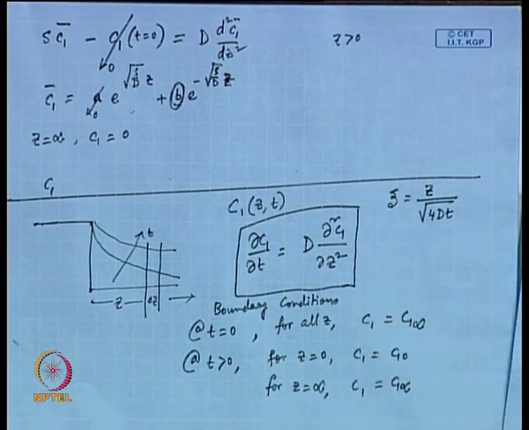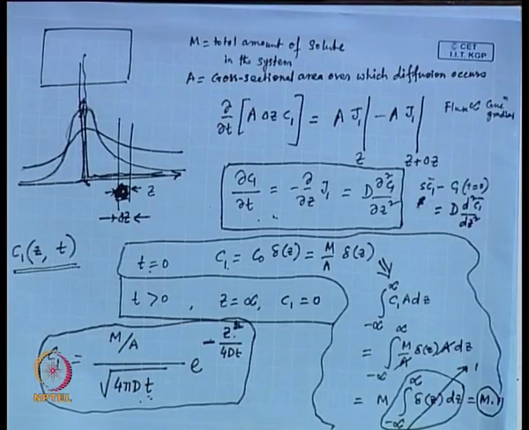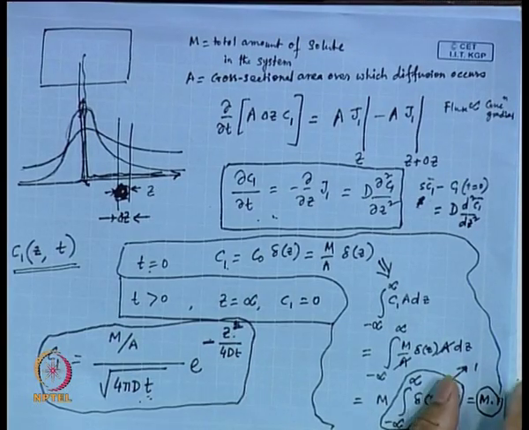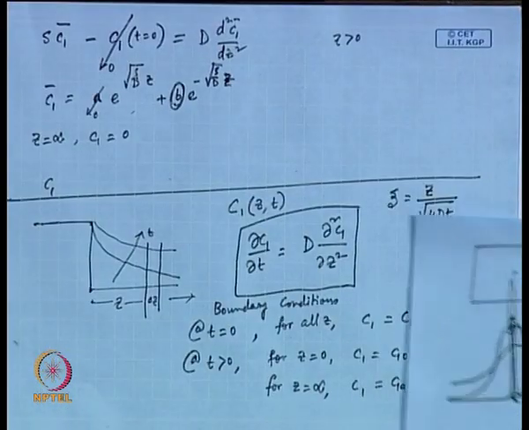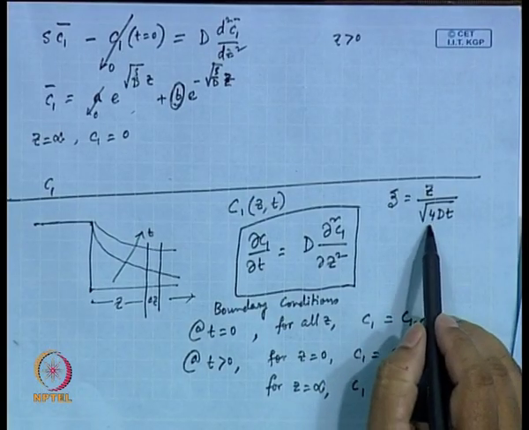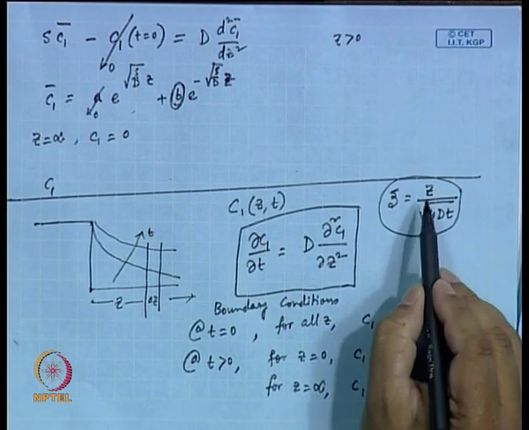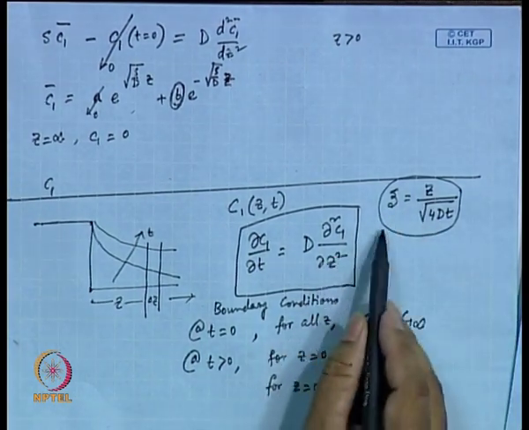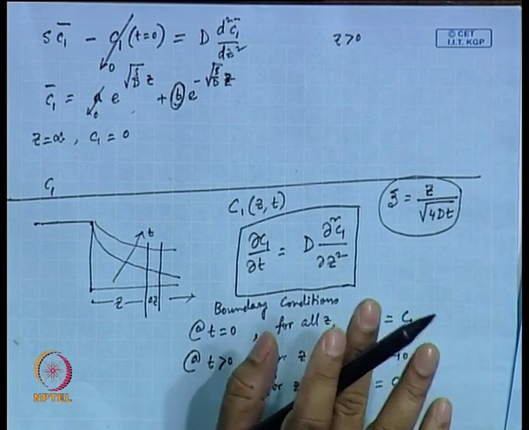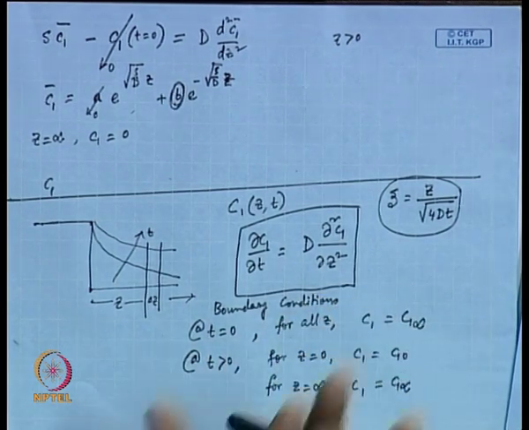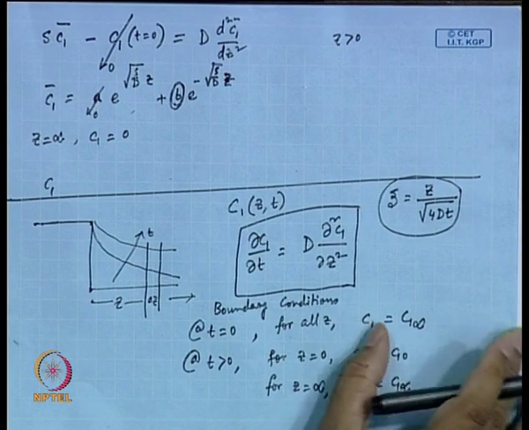In fact, you might have seen this term already, z square by 4 Dt. So, z divided by square root of 4 Dt is a similarity variable, and you can use it to simplify this equation and solve. That is also another way to do it, but let us do it using Laplace transform.